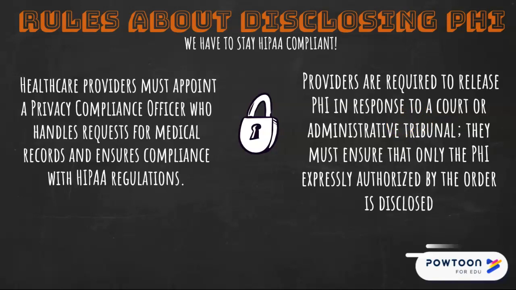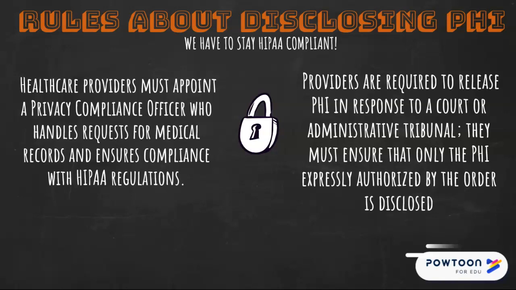They have to ensure that only the protected health information that has been expressly authorized by the order is disclosed. And so what that means is if a person is suing for medical malpractice, and the court subpoenas their file. If they are suing for medical malpractice about, say, an appendectomy that happened in September, the provider or the office, the privacy compliance officer, can only release to the court the information surrounding that appendectomy that happened in September.